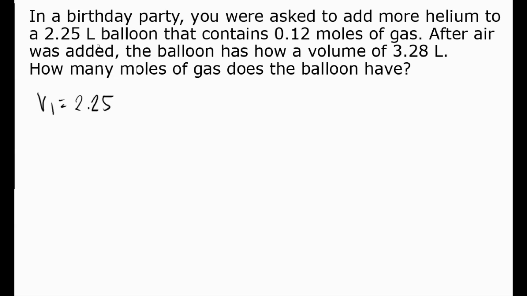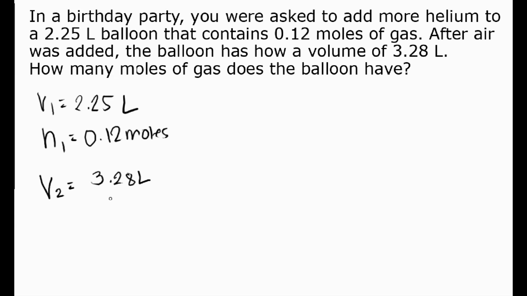So in here, I listed down the first volume, which is 2.25 liters, and the first number of moles, which is 0.12 moles. After air was added, the volume, which is V2, is 3.28 liters. We are now asked to find the new number of moles after the volume was increased.